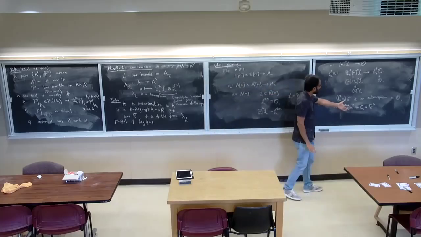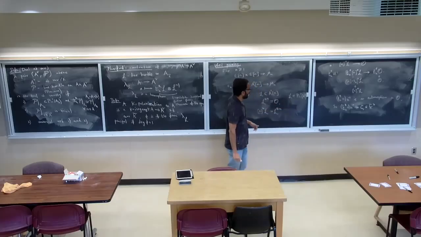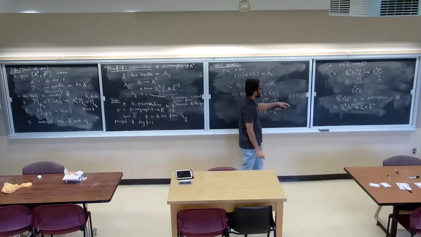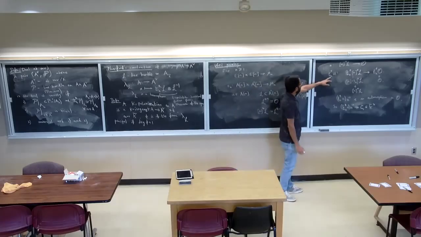You have to show that it is an nth root of unity, but that is not hard. I mean, if you keep applying it, translation by nA is going to be nothing. It's going to be the identity map.